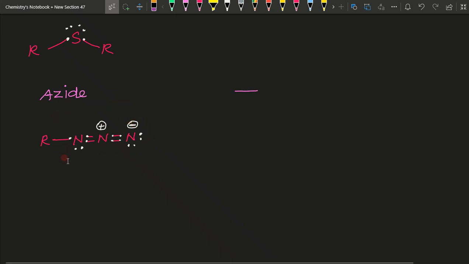See, why this nitrogen attains positive charge and this nitrogen attains negative charge. This is the cause. I can tell one more.